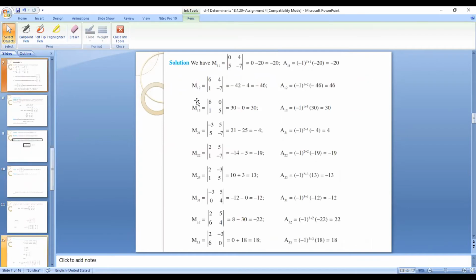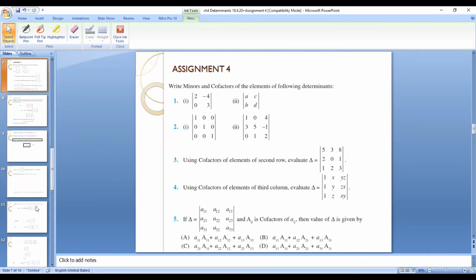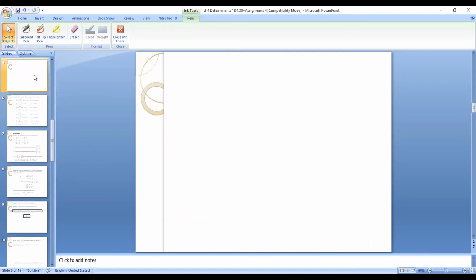I'm taking 2, minus 4, 0, 3. I'm taking this determinant. Determinant of 2, minus 4, 0, 3.